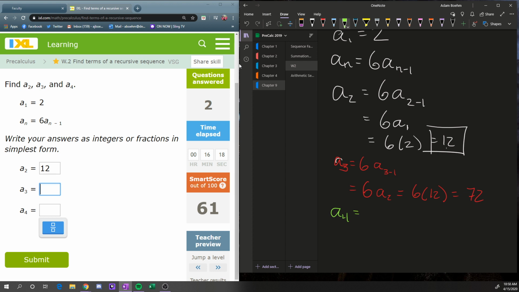And again, we do the same thing for the fourth term. So that's 6 times the term before it.